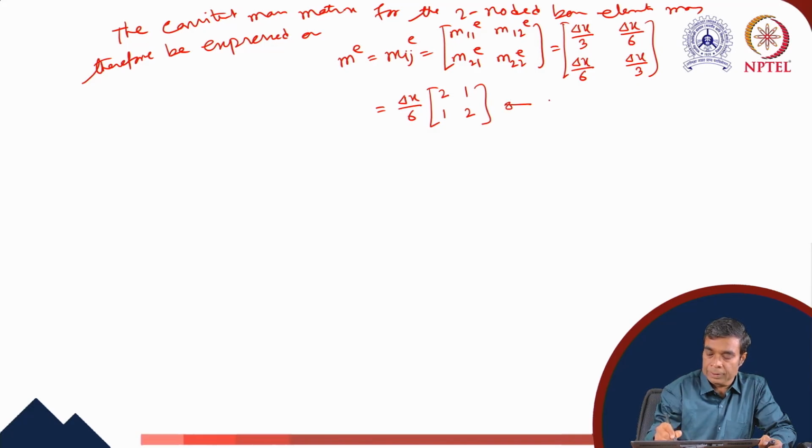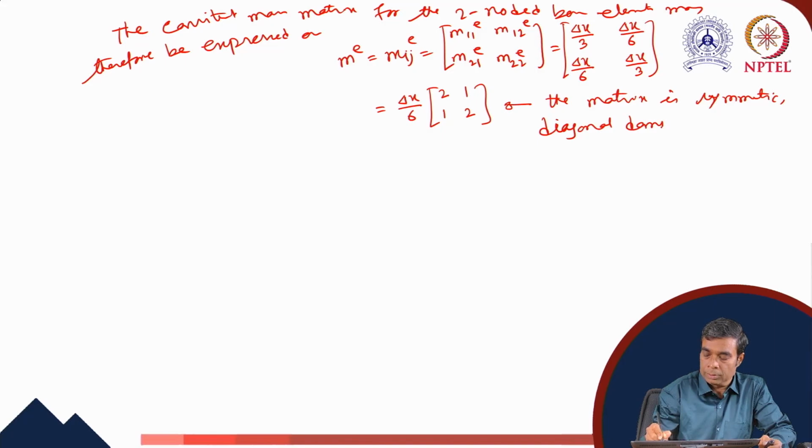So we can see that the matrix is symmetric, diagonal dominant, and linearly independent.